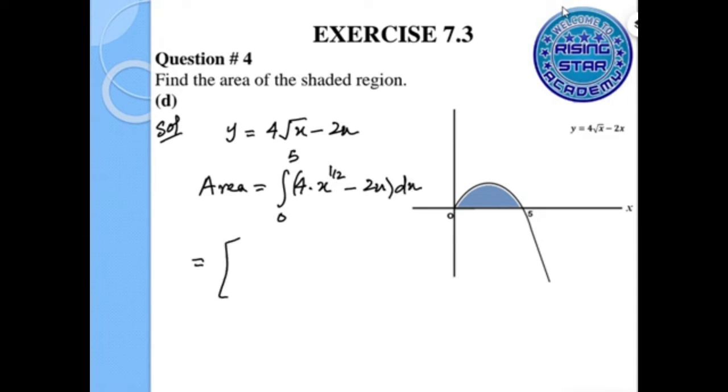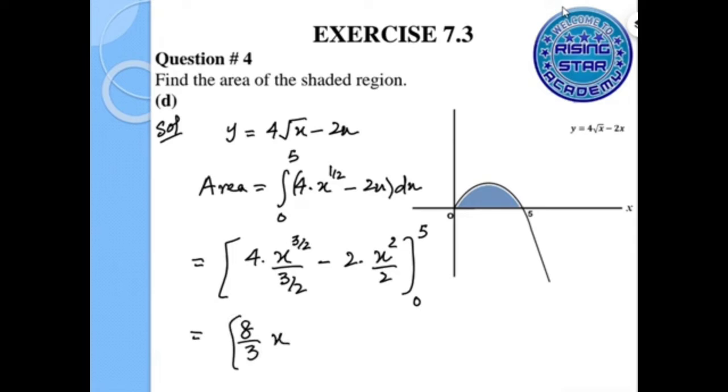Now I would apply the integration, so that would become x to the power of 3 by 2 over 3 by 2 minus 2 x squared by 2, limit 0 to 5. So we will simplify, that would be 8 by 3 x to the power of 3 by 2. This is going to cancel out, x squared, limit 0 to 5.